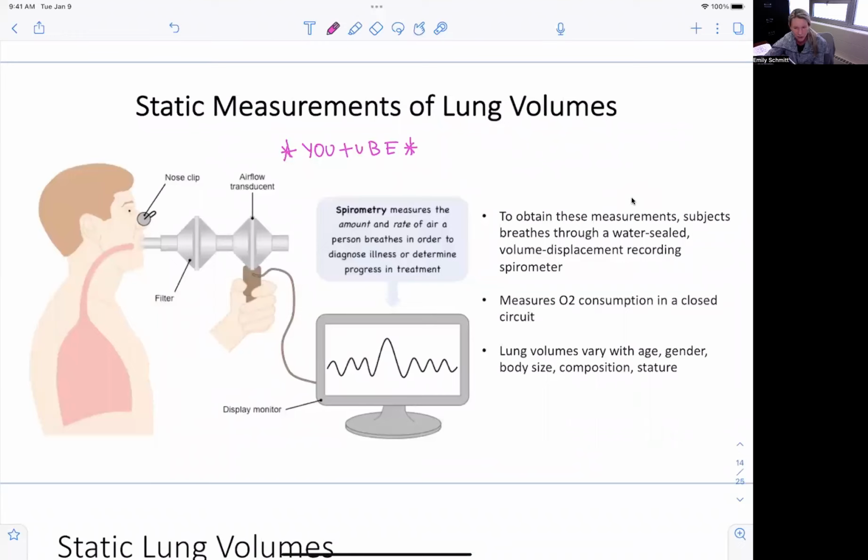It does a really good job at discussing just exactly this, spirometry, which measures the amount and rate of air a person breathes in order to diagnose illness or determine progress in treatment.